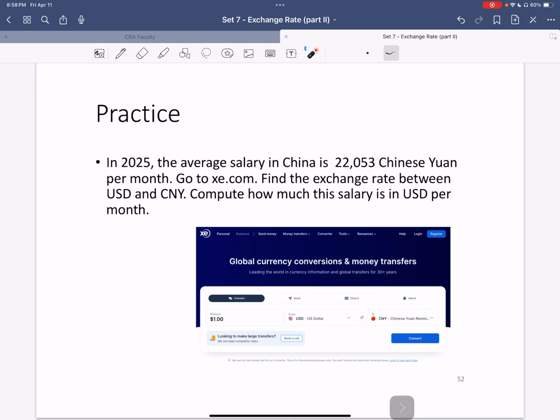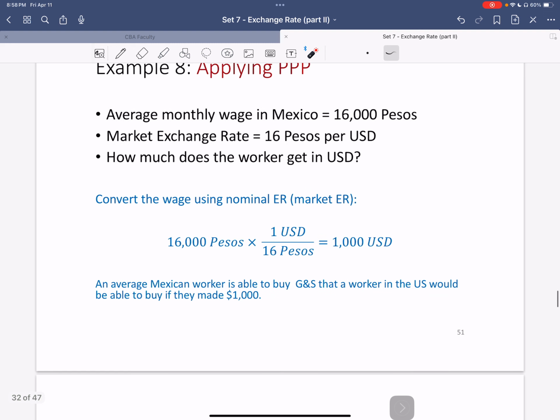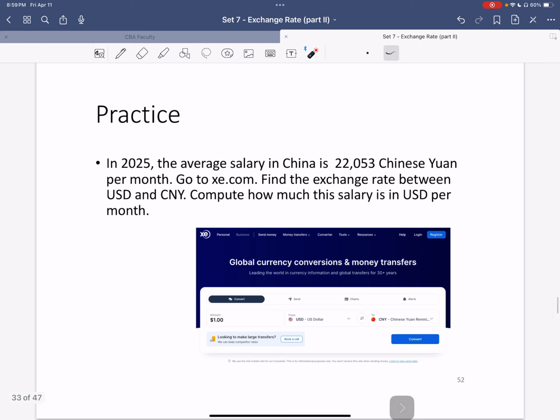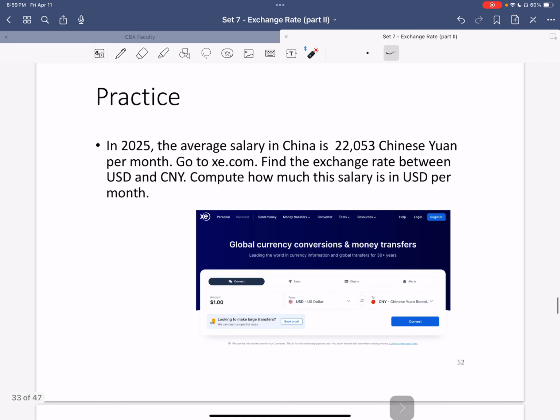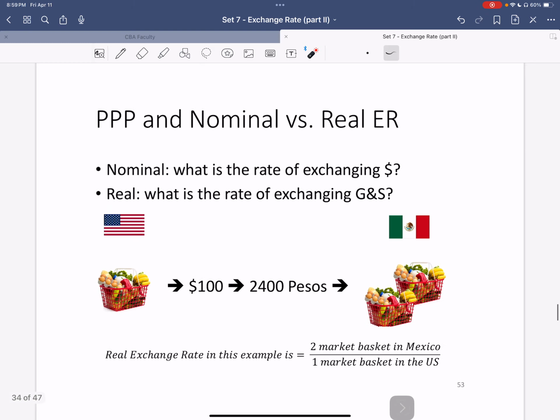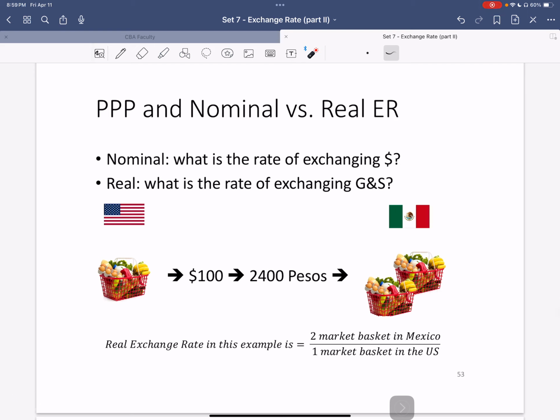Find the exchange rate between the US dollar and the Chinese yuan and compute how much the salary is in US dollars. You're going to do the same type of conversion, multiplying this value by the exchange rate between China and the US. Just change these values on the website and multiply by that rate. I'm leaving it as a practice for you.